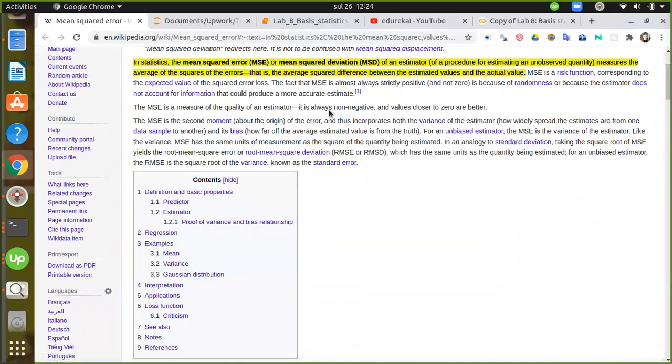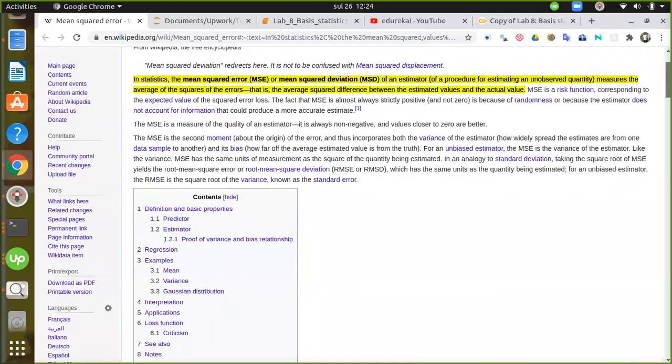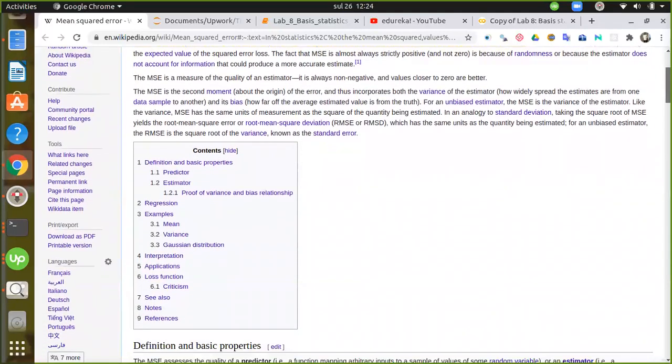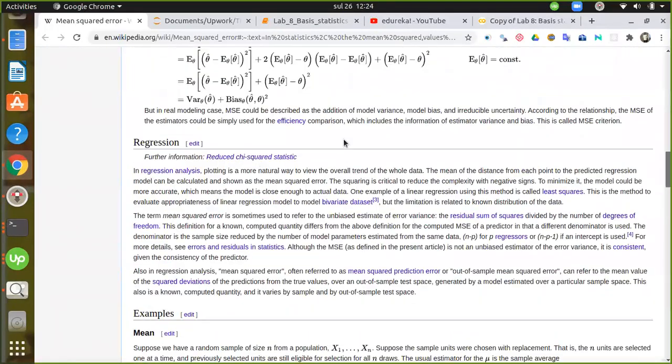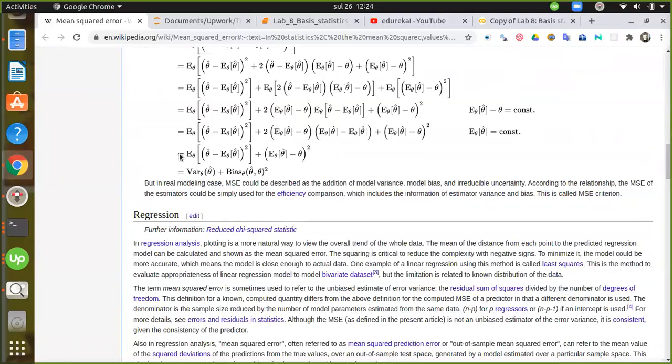So it comes back to the sum of the variance and the bias. The variance is how the values are different within the sample, and the bias is how far the indicator is different from the original one.